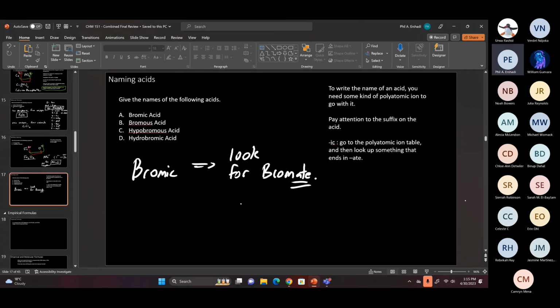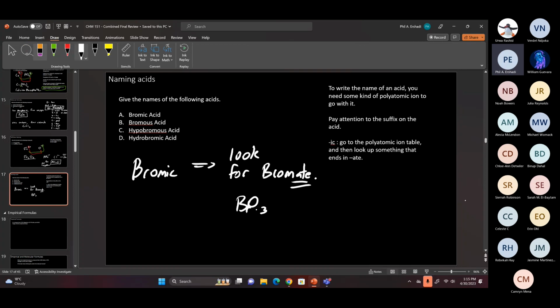So we're going to say bromate is BrO3 -1. Get the eraser there. Make sure that comes out cleanly on the slide. BrO3 1 negative.